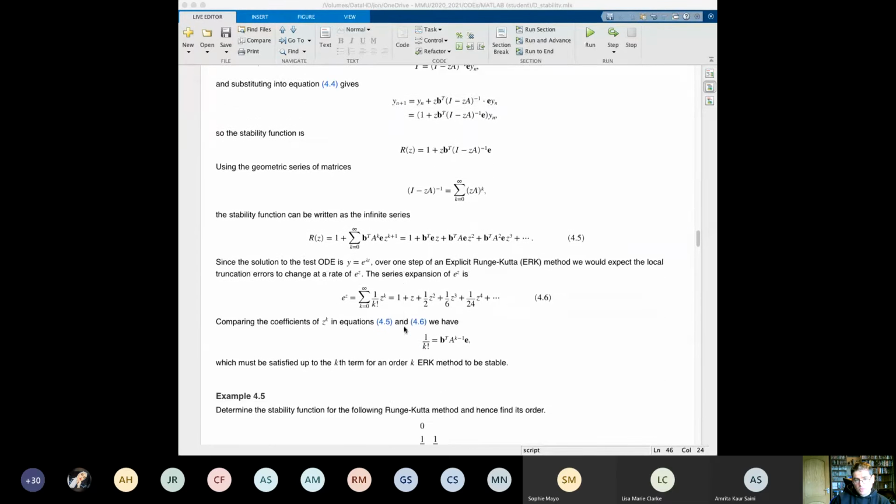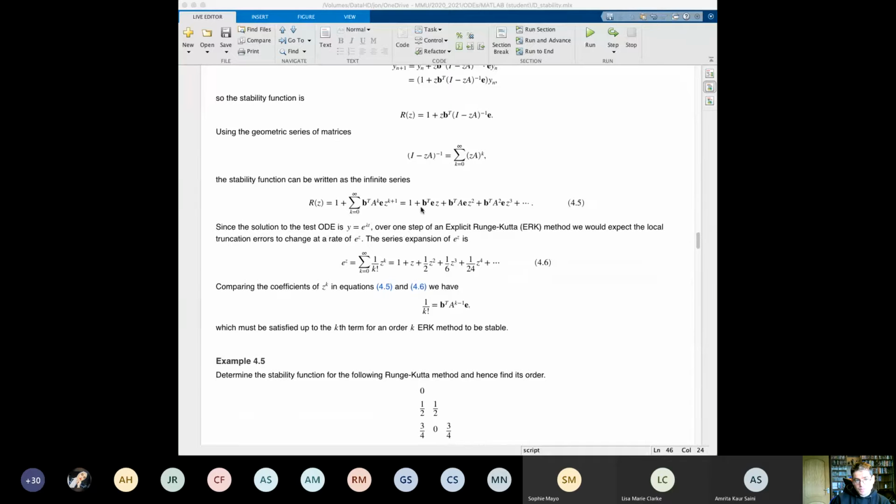So this leads us on to equation 4.5, and we have our stability function. It's a polynomial function: 1 plus something times z plus something else times z squared, etc. Now, we've already seen that the solution to that test ODE was e to the lambda t, so what we want is our errors to grow at the same rate.